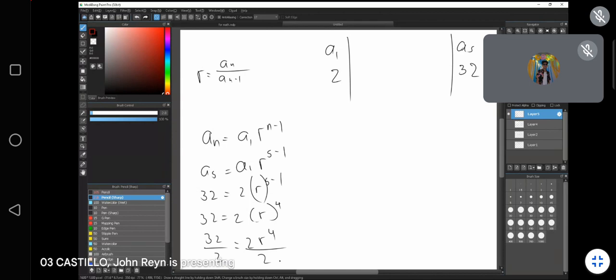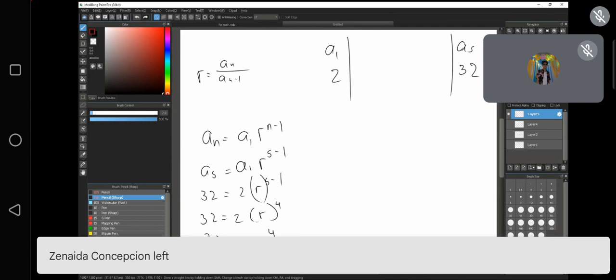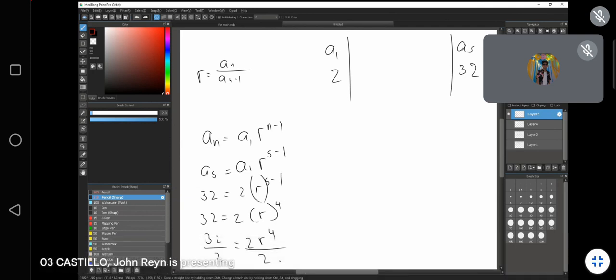Your aim is for your r raised to 4 to be alone. So on both sides, left and right, divide by 2. So 32 over 2 is 16. And if you notice, 2 over 2 will just cancel. So that's r raised to 4.